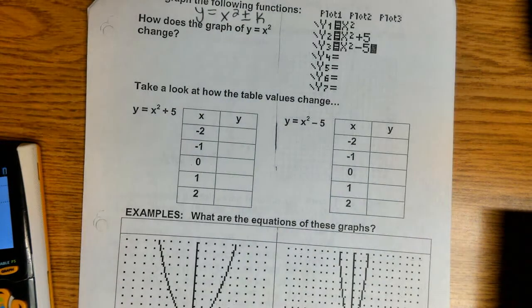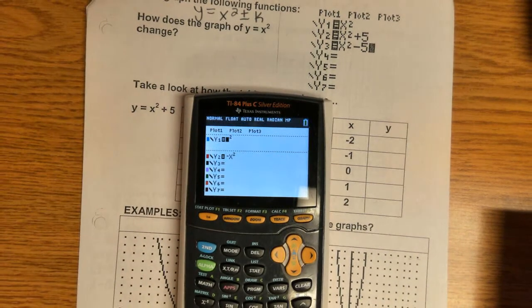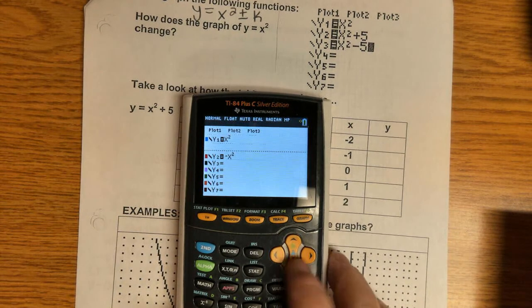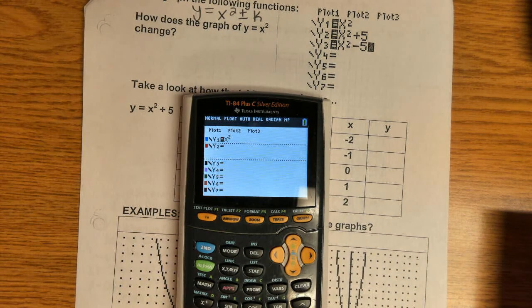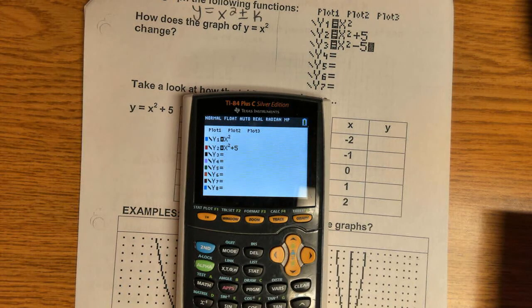So now we're going to have something other than x squared. y1 is going to be x squared because it's plus 0. Then let's get y2 of x squared plus 5, and then y3, which is x squared minus 5. So we're going to see what a constant does to our quadratic equation, essentially.